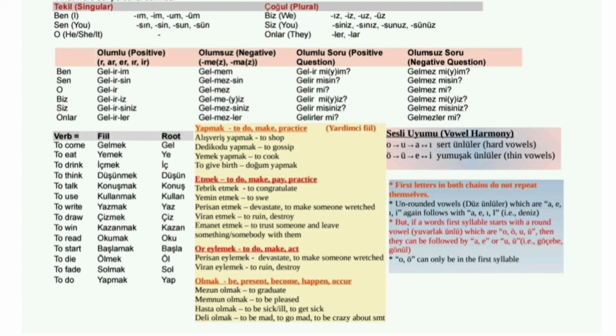Or, to be sick, to get ill, hasta olmak. Or to get crazy with someone, you can say hastayım sana. Deli olmak. To be mad, to go mad, to be crazy about something or someone.